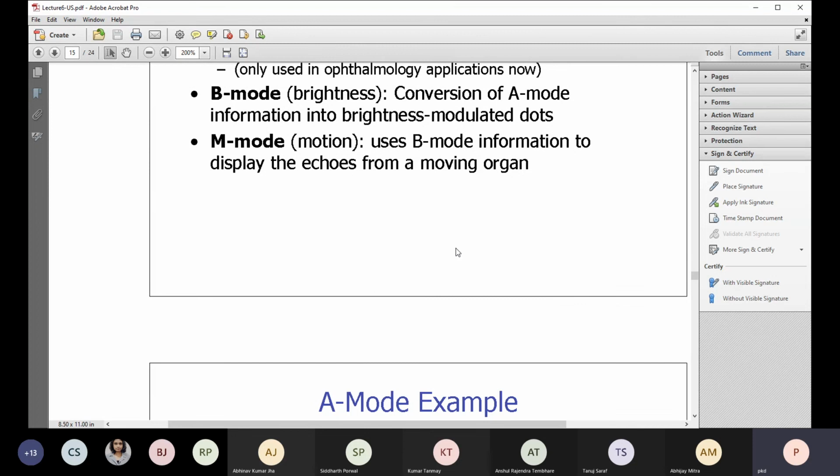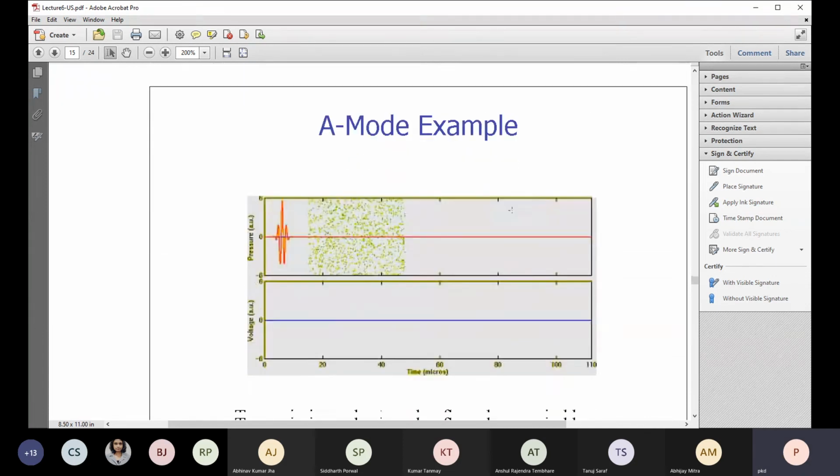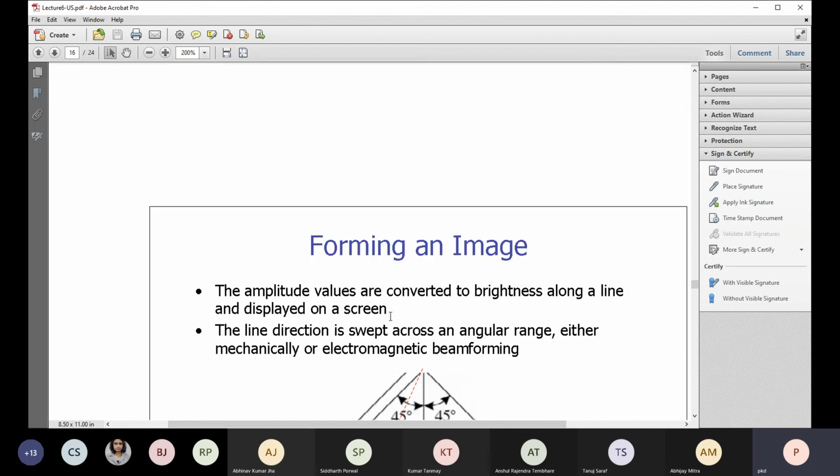If we correlate those reflection points with time, then we can have an M mode image generated. A mode is very difficult because there are a lot of scattering points. If we plot them discretely, with reflections coming at a certain time and then for different scans, it will be very difficult to interpret.